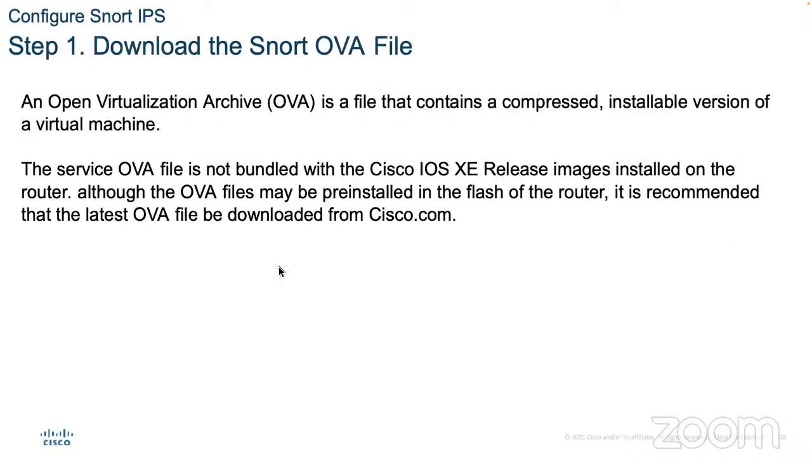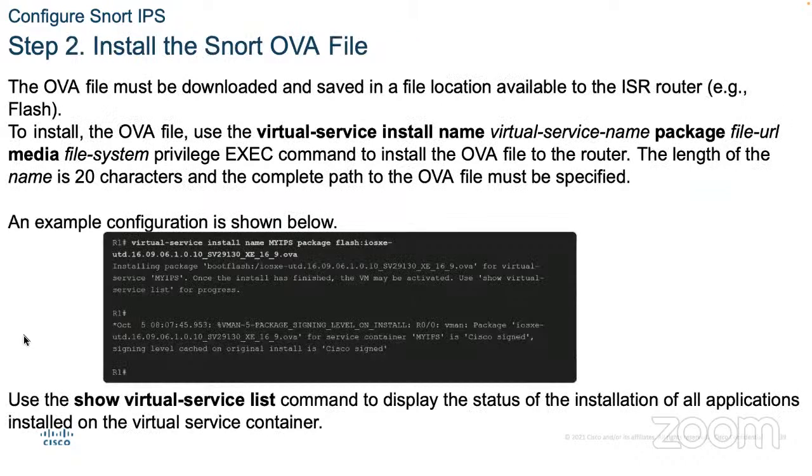So again, you can go with an OVA pre-install from cisco.com. You can install a virtual machine in a router. They have to be the Cisco 4000 series and up, of course. And this is the process you would use to bring that OVA up into that router.